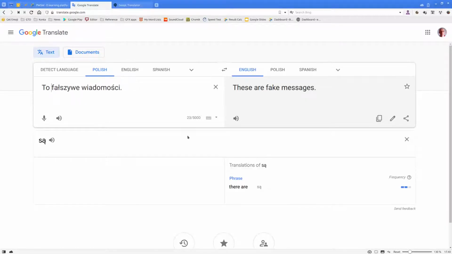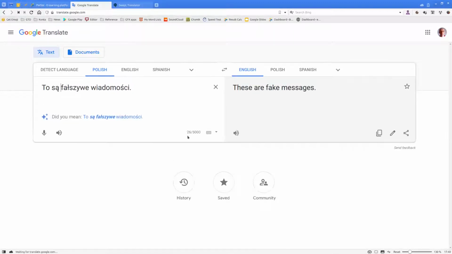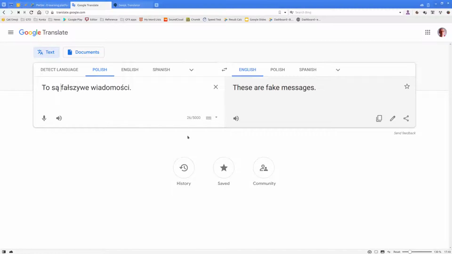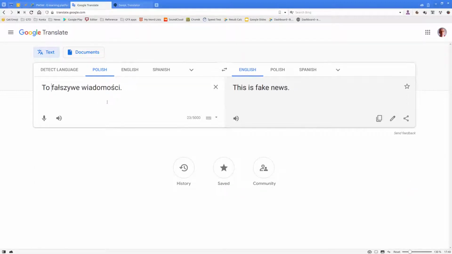Right. So what's the difference? There is no difference in meaning here, but these two sentences are translated differently because probably in the database there is a translation of this exact sentence. And there is also another translation of this exact sentence without the verb, and this is translated differently. So it's just a collection of phrases and sentences that it uses.